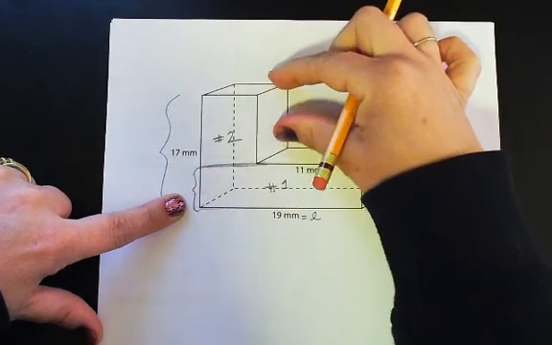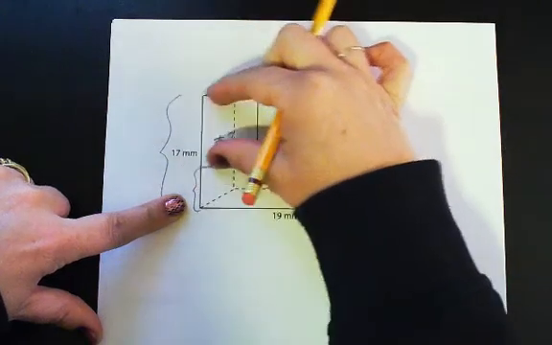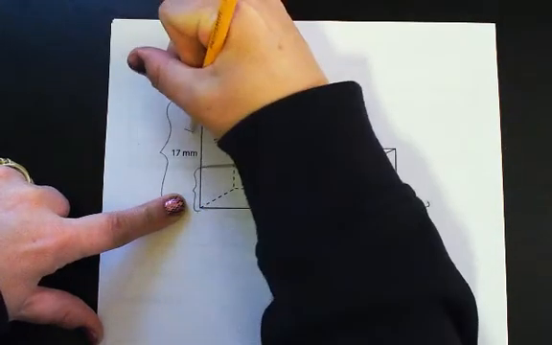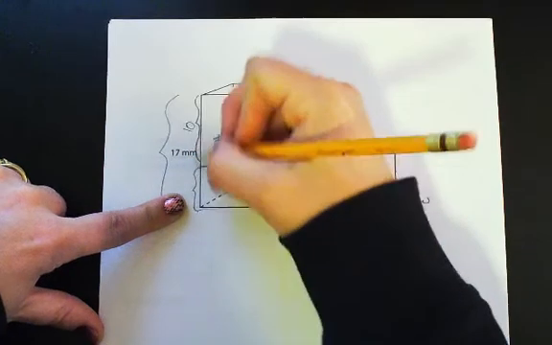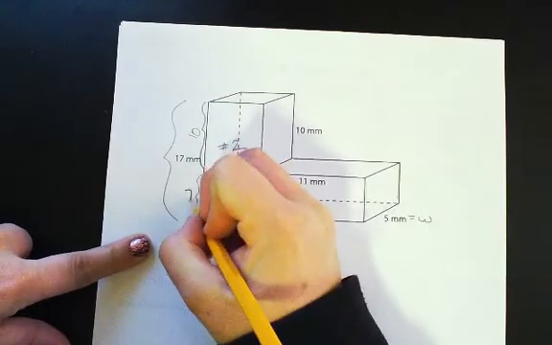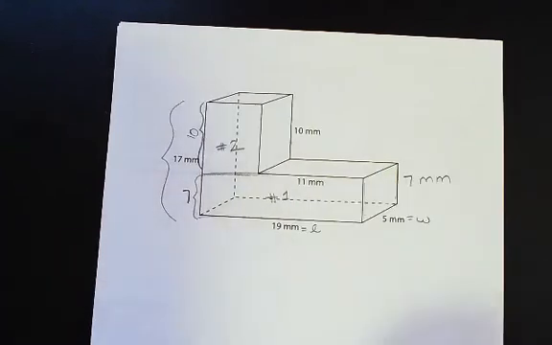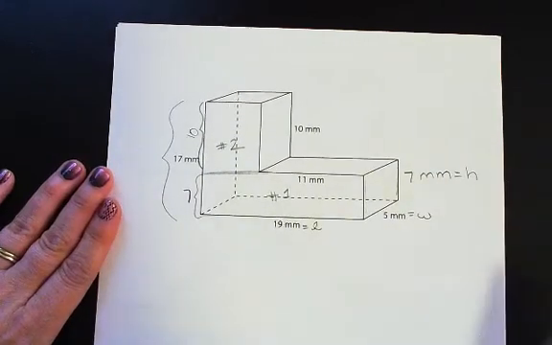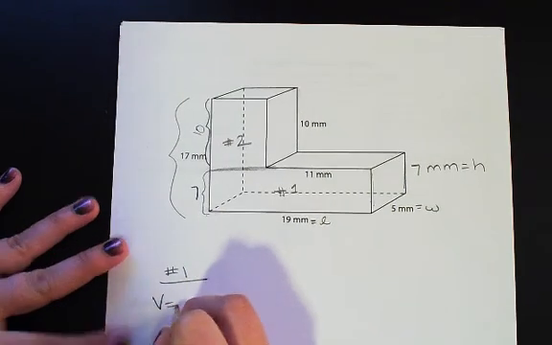So if this right here is 17, and I know that this part right here is 10, that's how tall that extra part is. So in my mind, I imagine that I take that part off. That means this part's 10 from here to here. And if I know that this is 10 and this whole thing is 17, that means this has to be 7. So I'm going to put 7 millimeters right here. And that would be my height.